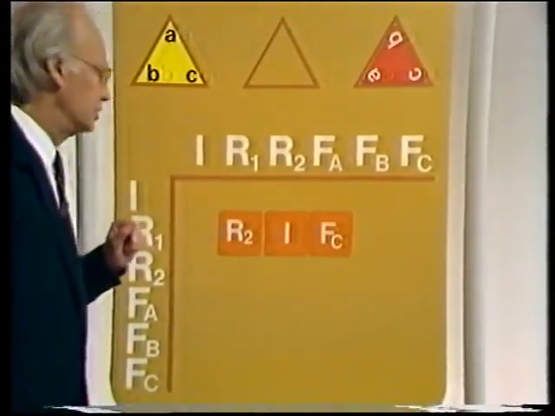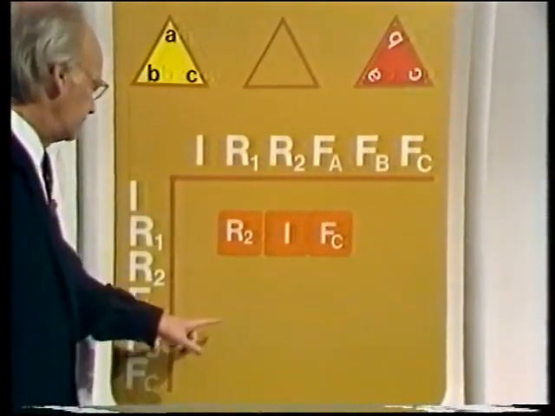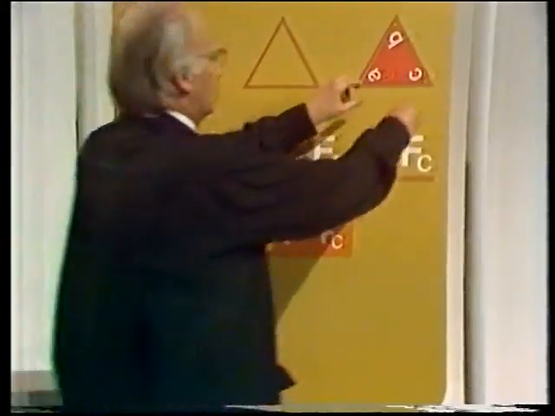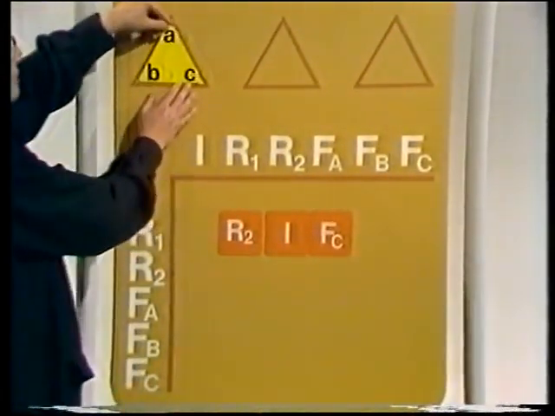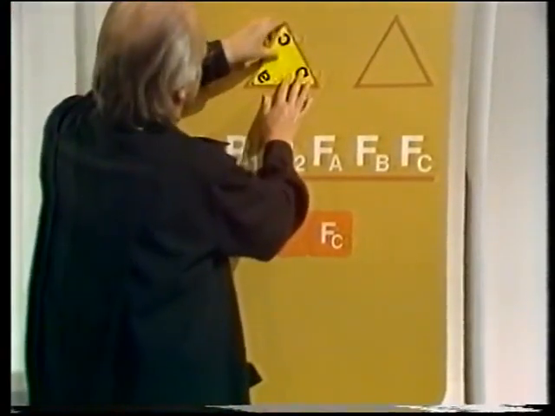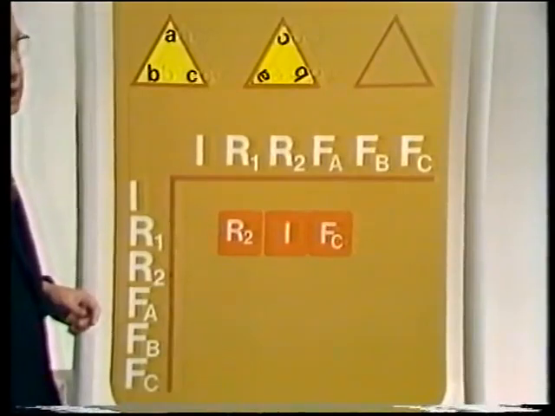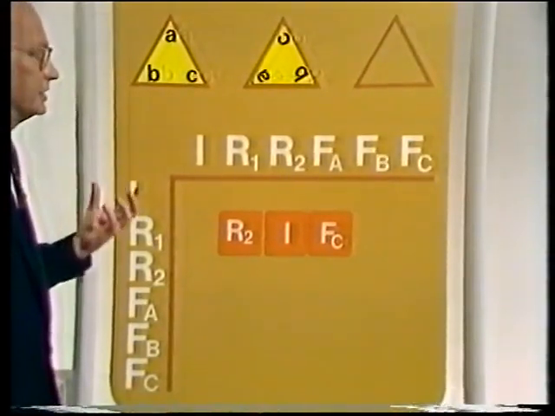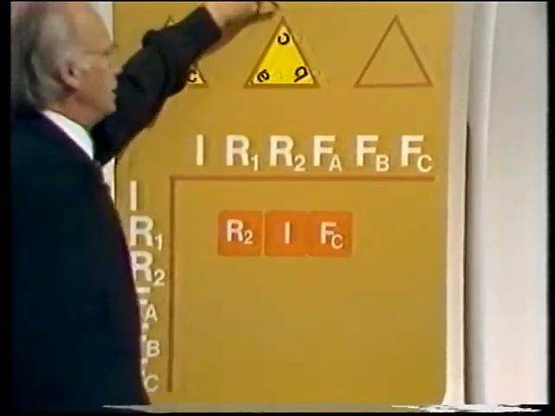I'm now going to do the same two in the other order. That is R1 followed by flip about A. R1, now flip about A. That is flip about the vertex of the frame marked A, which is up here.